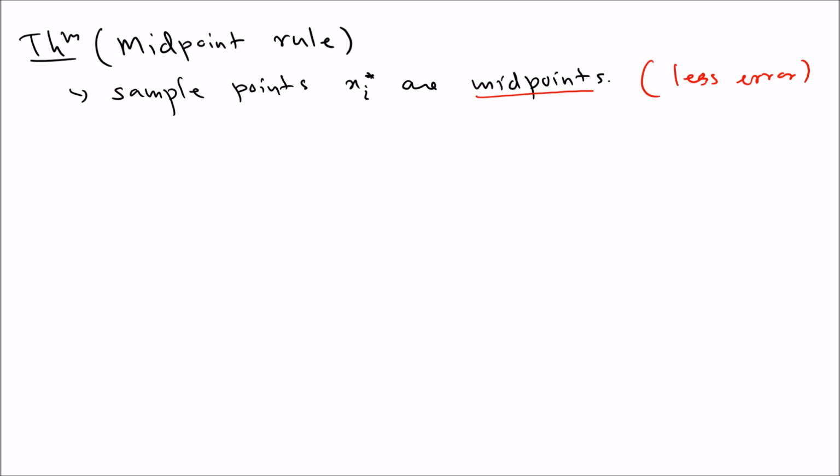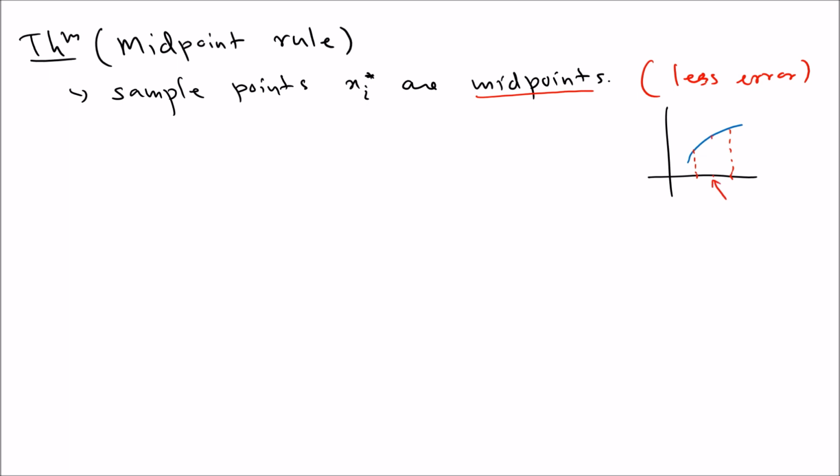I'm going to show you just one situation why there's less error. Let's say we have a curve like that, not a straight line. We are looking for curves. Let's say you pick the midpoint here.